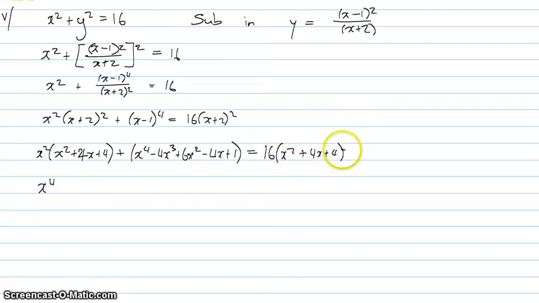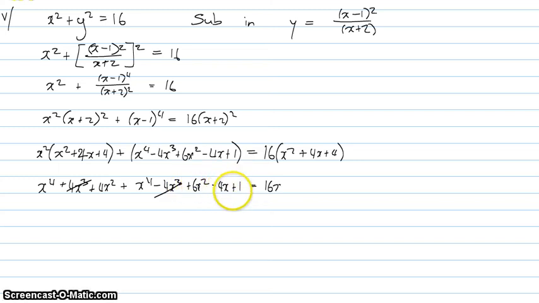That gives me x to the 4 plus 4x cubed plus 4x squared plus x to the 4 minus 4x cubed, so that's going to cancel with that, plus 6x squared minus 4x plus 1 is equal to 16x squared plus 64x plus 64.